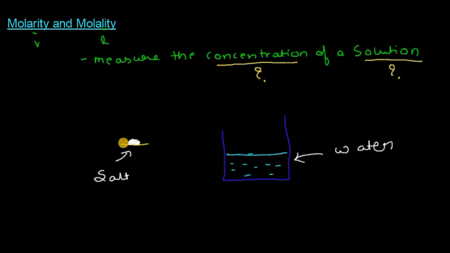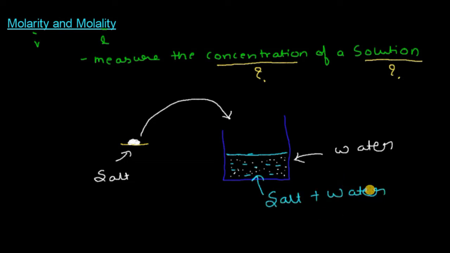So you take the salt and you add it to water and stir it slightly. So now you can see that there are salt molecules here, small white colored molecules. So this mixture, the mixture of salt and water, is what is known as a solution.